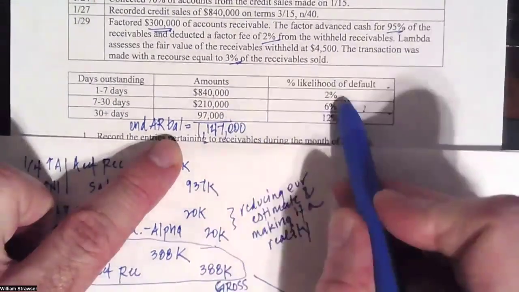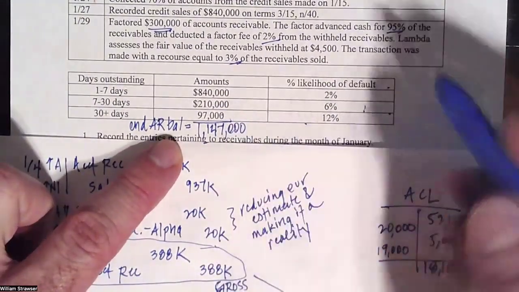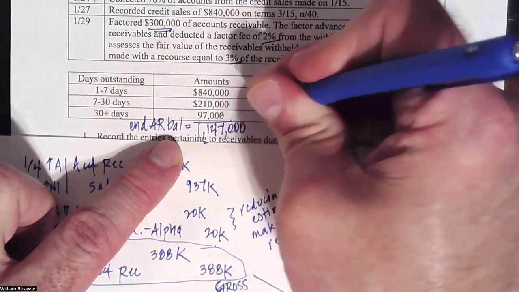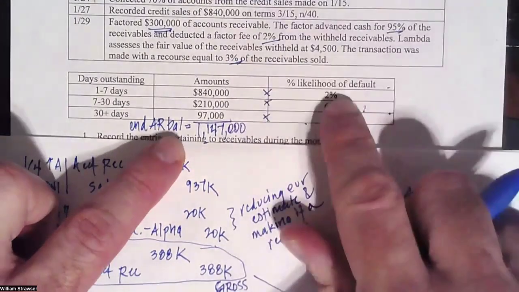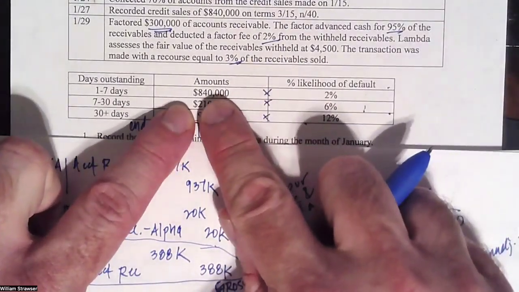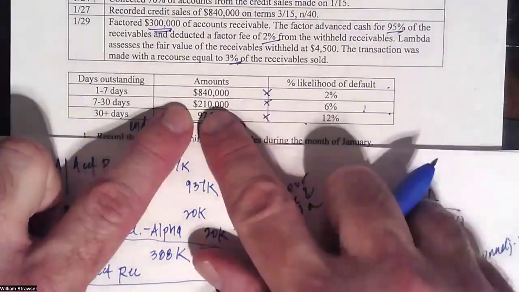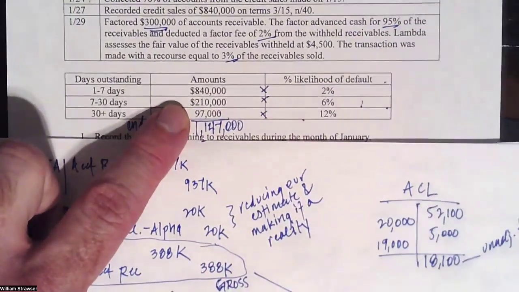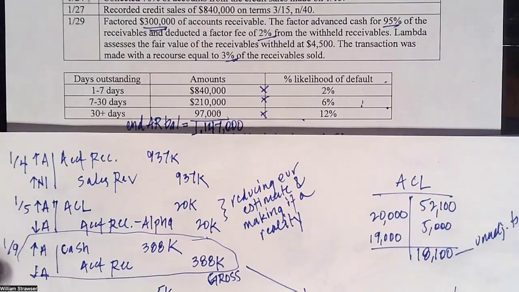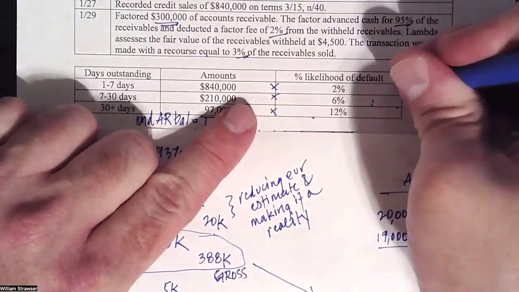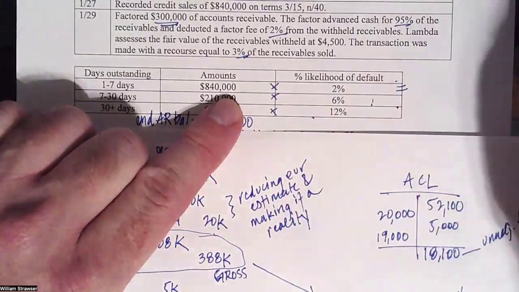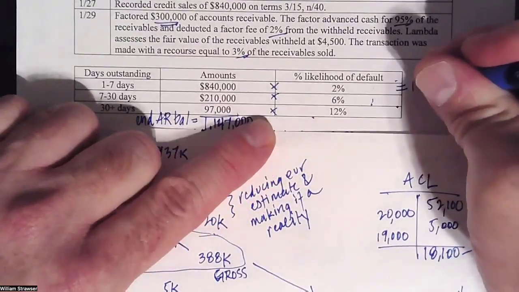I'm just taking that, again, multiplying across to get, well, how much of this 840,000 is going to be uncollectible? How much of the 210 is going to be uncollectible? So we do that, carry that across. The first row, 840 times 2%, 16,800.